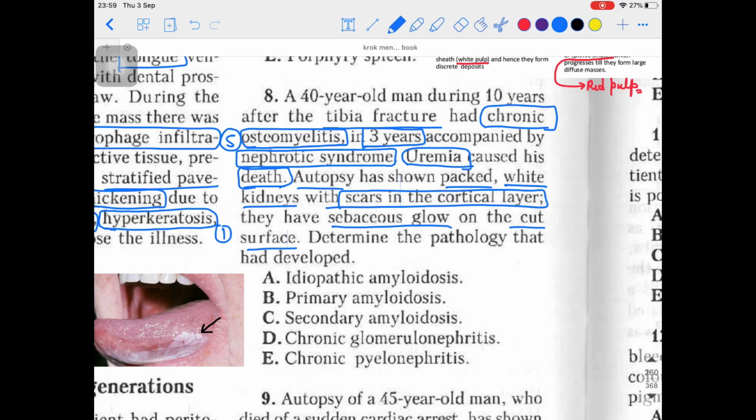Now, is it primary or secondary? Definitely it's going to be secondary, because first of all the patient was having chronic osteomyelitis, and after 3 years the patient shifted to kidney disorders, right? Due to that, uremia happened.